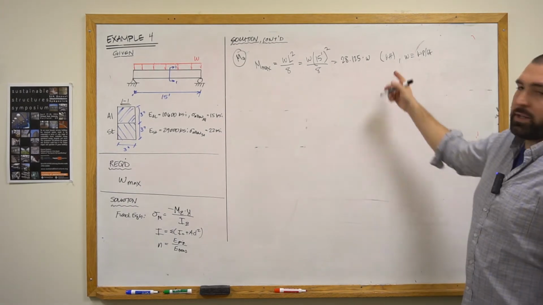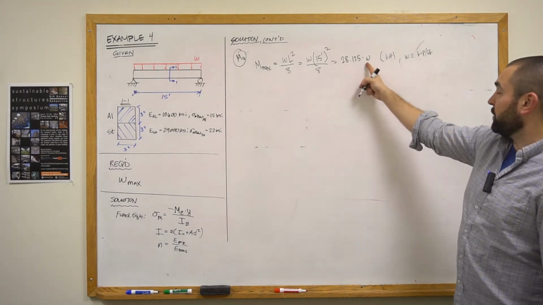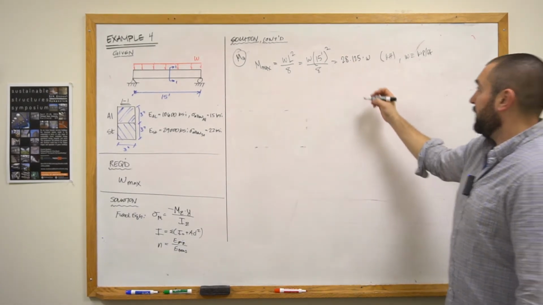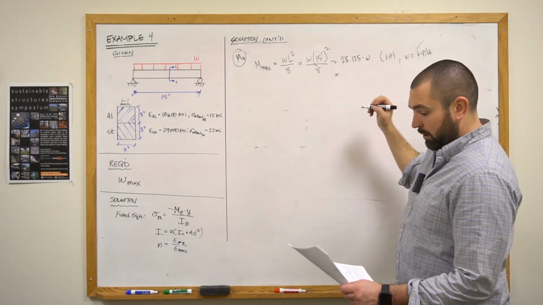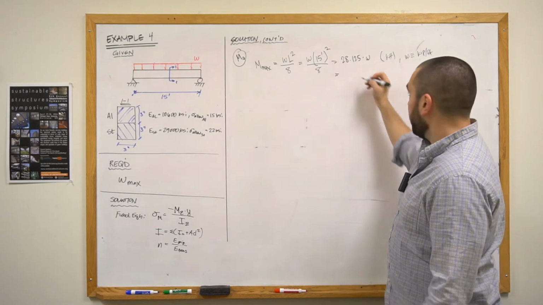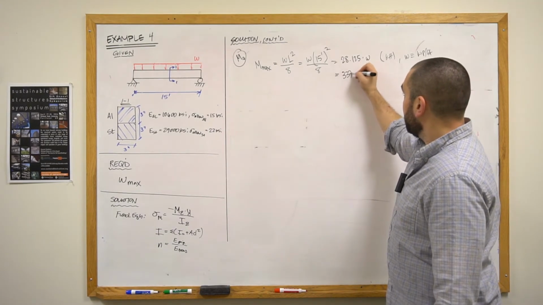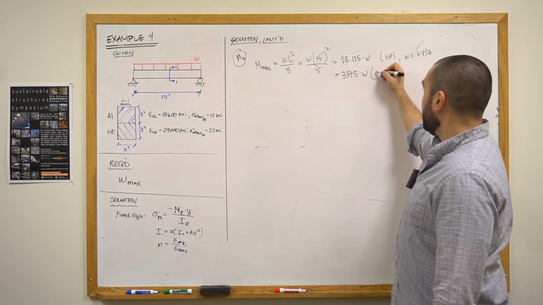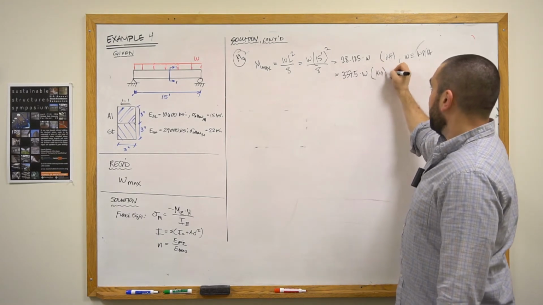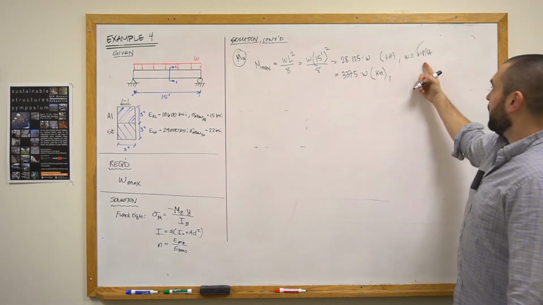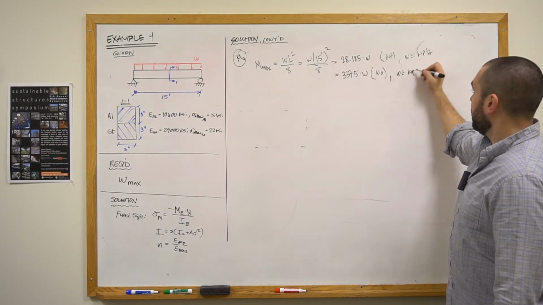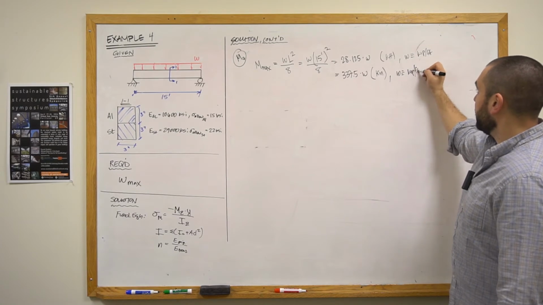I could, if I wanted to, and it probably makes sense to, turn this into units of kip-inches instead of kip-feet. So if I just multiply this by 12, I get 337.5 times W. That's going to be in units of kip-inches even if W is still given in units of kips per foot, excuse me.